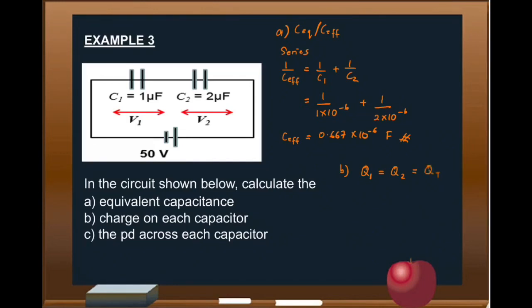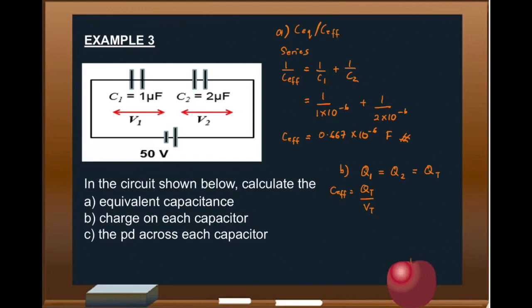Now, what we have to do is to find QT. To find QT, you have to use the formula of capacitance, which is C equals Q over V. You change the formula to the form of C effective equal to the total charge over the total voltage.